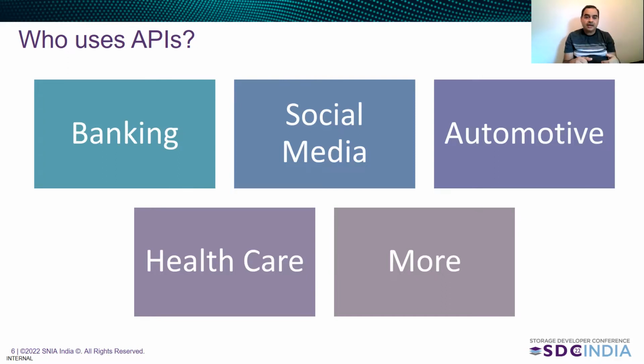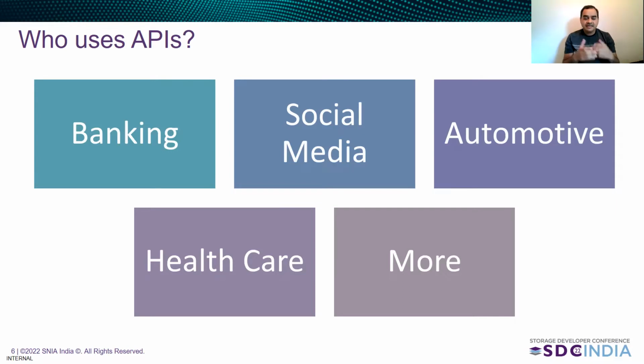APIs are, I would say, if not de facto, one of the widely used ways of communication between these entities, be it cloud and the car, car and another car, or the infrastructure. So it is heavily used in the automotive industry also. Healthcare, lots of devices communicating with the cloud backend or some storage backend, use APIs heavily, and much more, right?